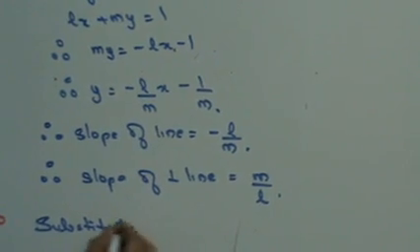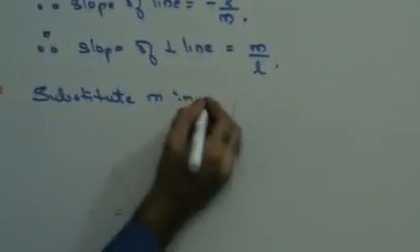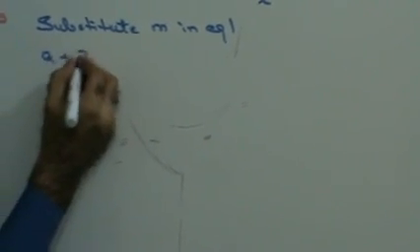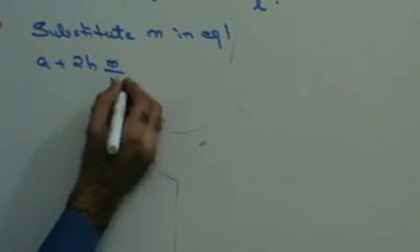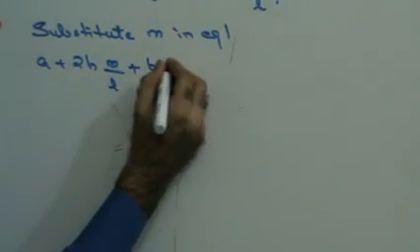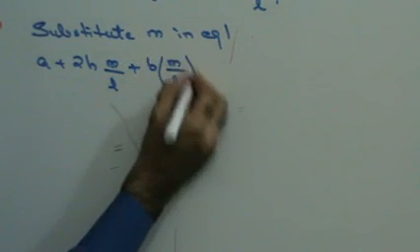Substitute the slope in equation 1. So I will get a plus 2h, m1 can be written as m upon l, plus b, m upon l the whole square.